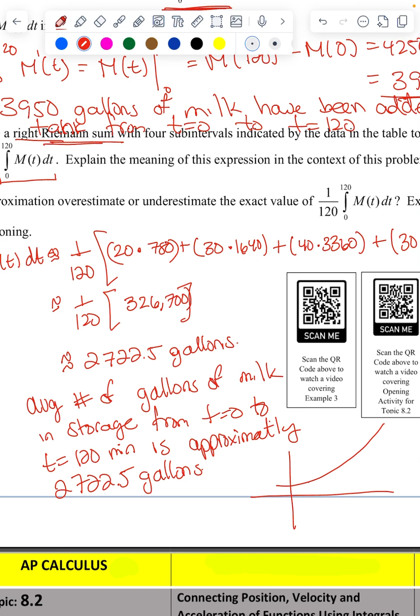And when you are making a right-Riemann sum with a concave up function, it is going to be an overestimate. So this is an overestimate because they told us at the beginning the function is increasing on that interval.